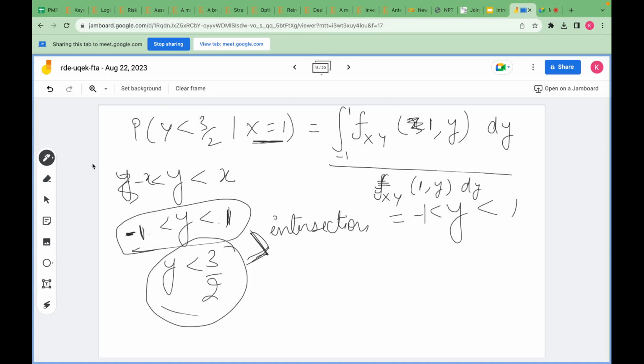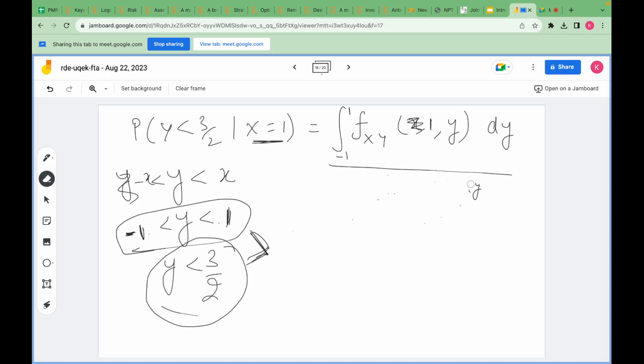So this is also f of x, y, 1 comma y, dy.